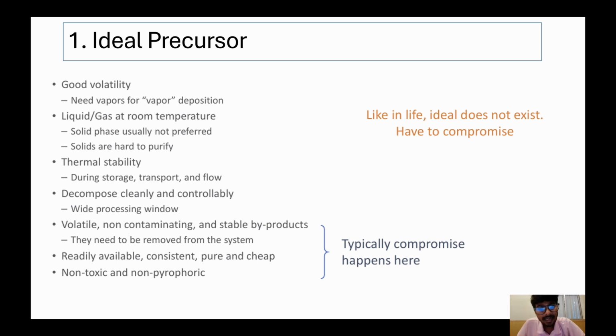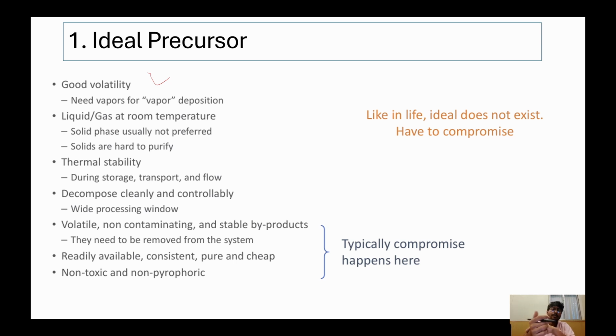And what is the ideal precursor? A good volatile that should react at the substrate. There should be enough vapors in the bubbler.